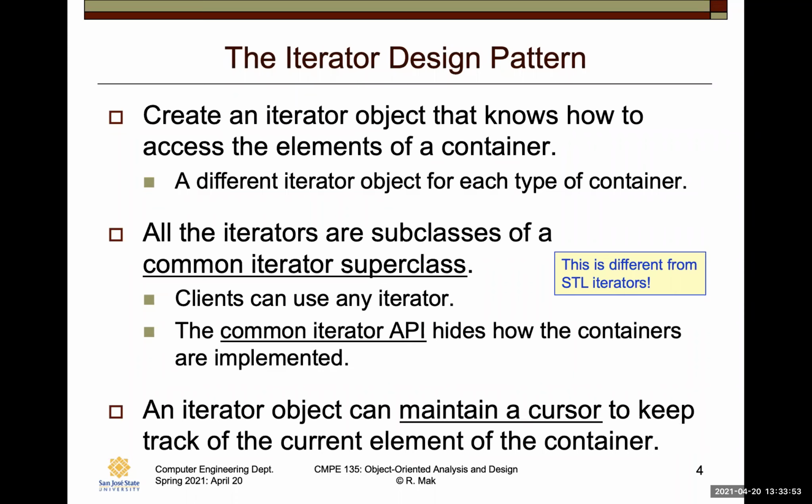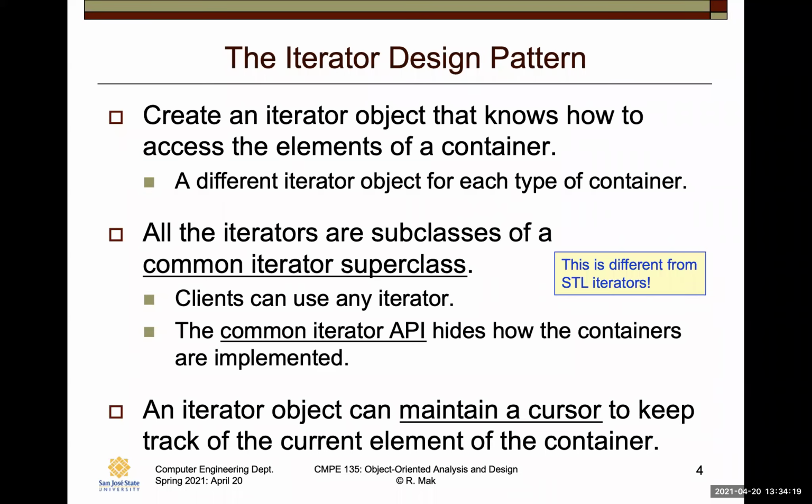To make this work, all the iterators are subclasses of an iterator superclass, and therefore, using polymorphism and coding to the interface, your code will be able to work with an iterator that knows about different containers.